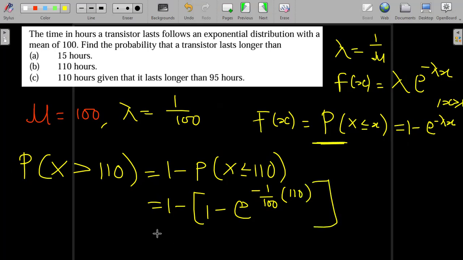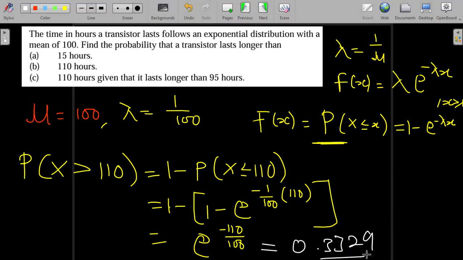So this one and this one will go, and I'll just remain with e to the power minus 110 over 100. Let's punch this into our calculators. It's giving me approximately 0.3329. That's the probability that it lasts more than 110 hours.